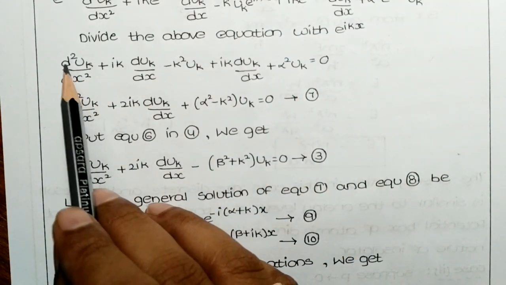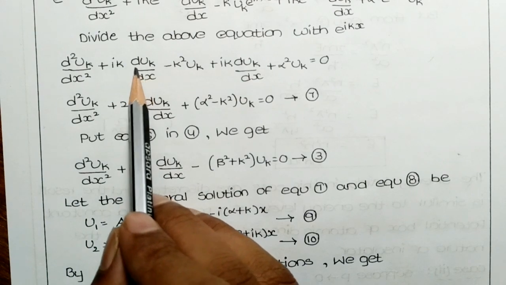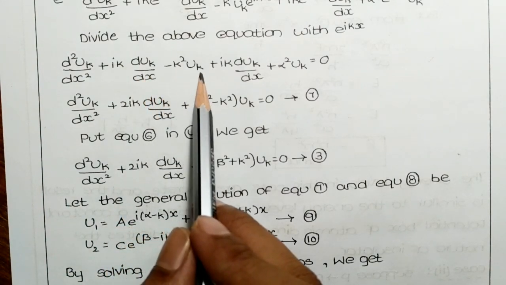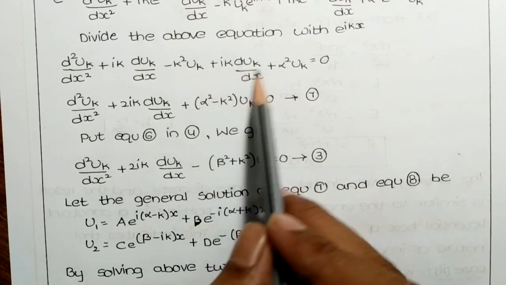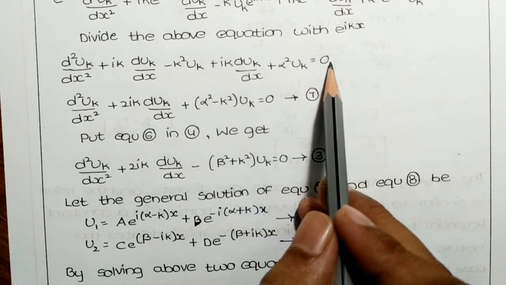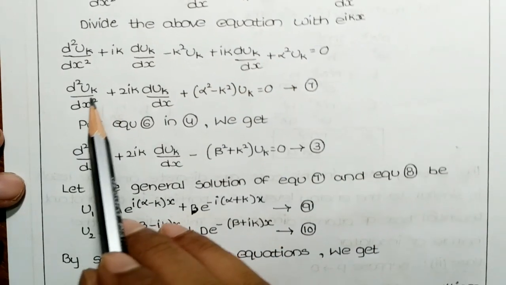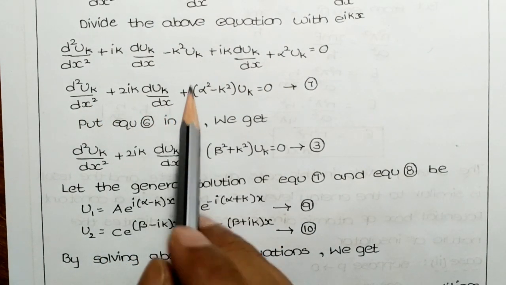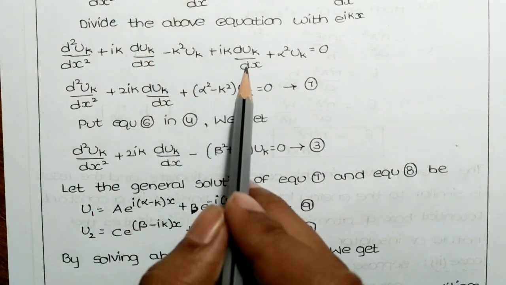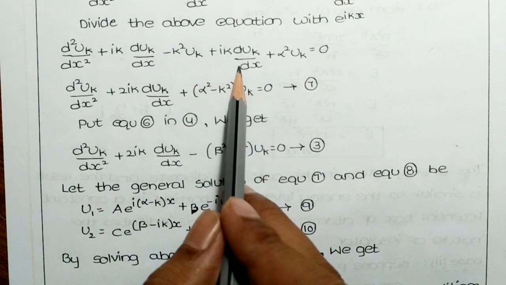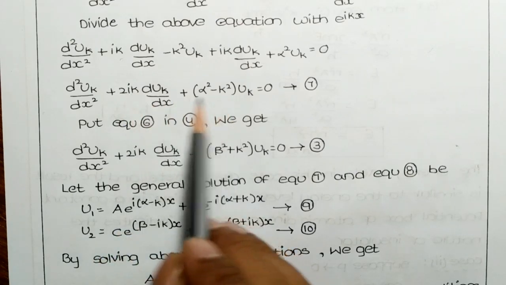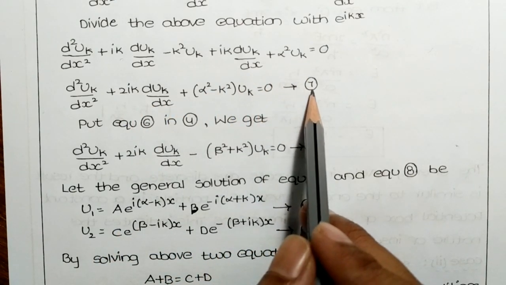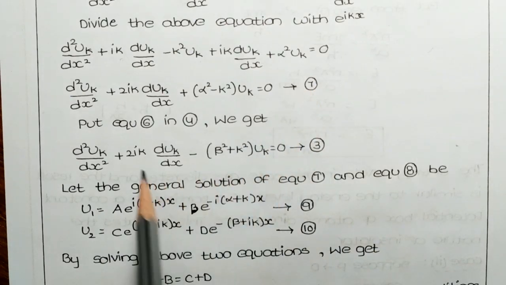Adding these two ik terms, we get d²u_k/dx² + 2ik du_k/dx + (α² − k²)u_k = 0. This is equation number 7.